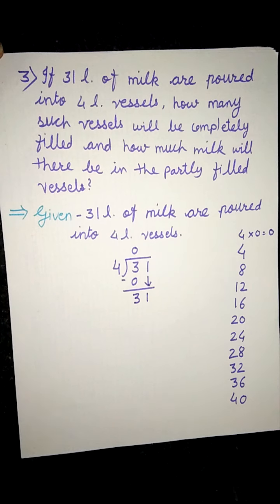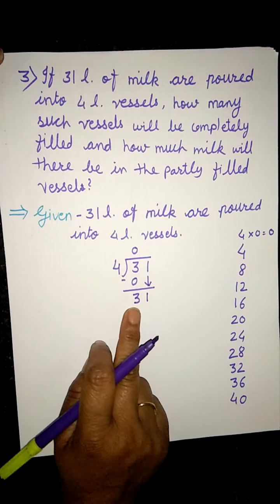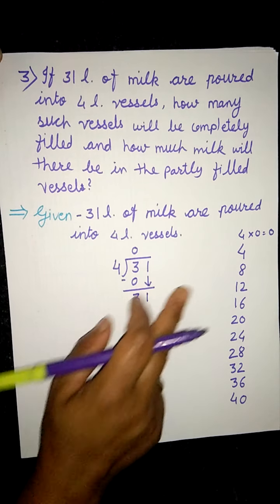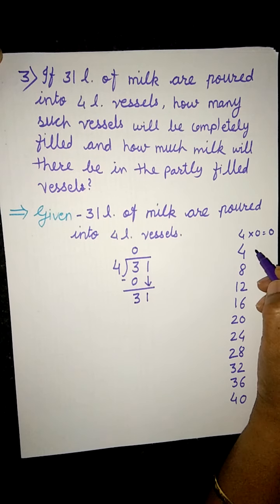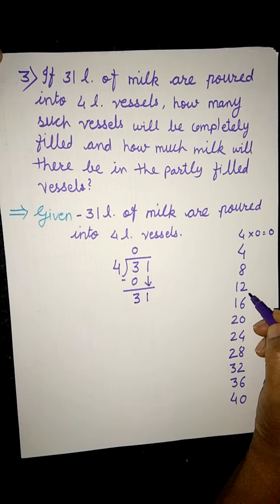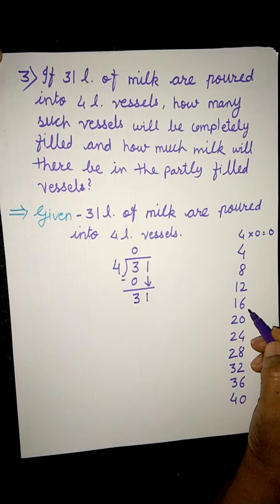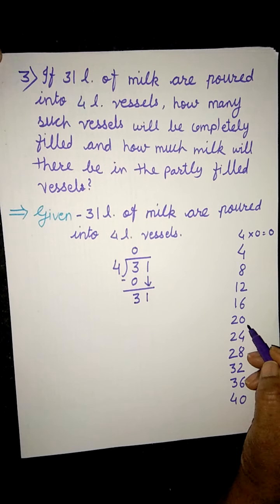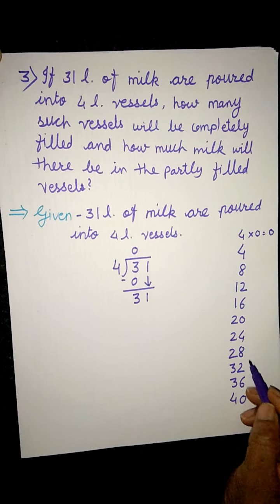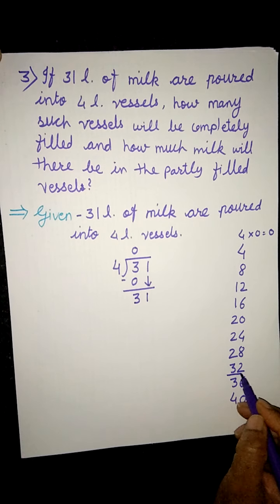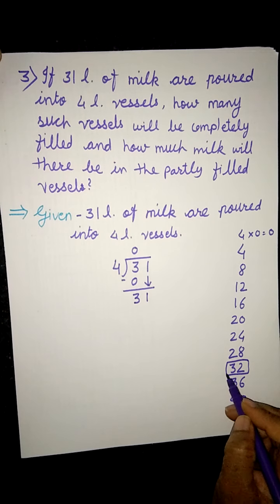Now 1. Okay, now it's 31. So see, 4 zeros are 0, 4 ones are 4, 4 twos are 8, 4 threes are 12, 4 fours are 16, 4 fives are 20, 4 6s are 24, 4 sevens are 28 and 4 8s are 32.